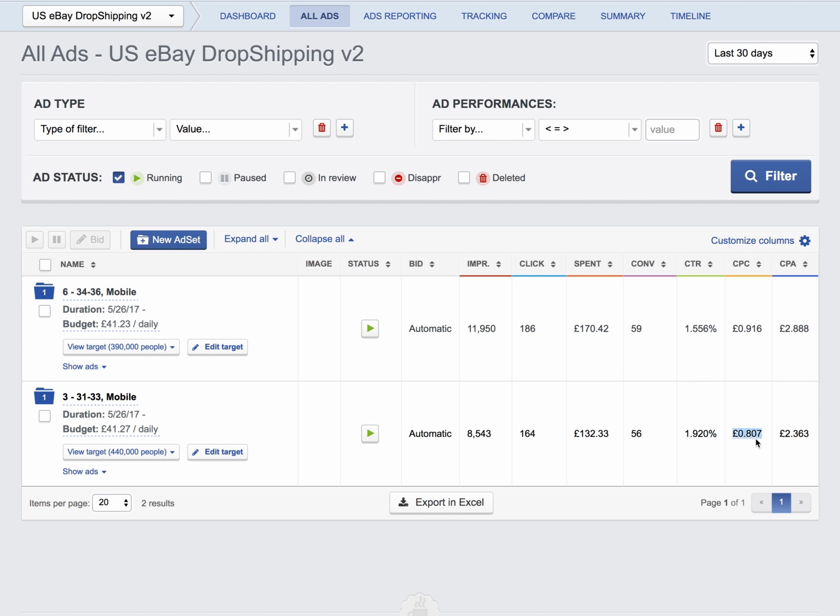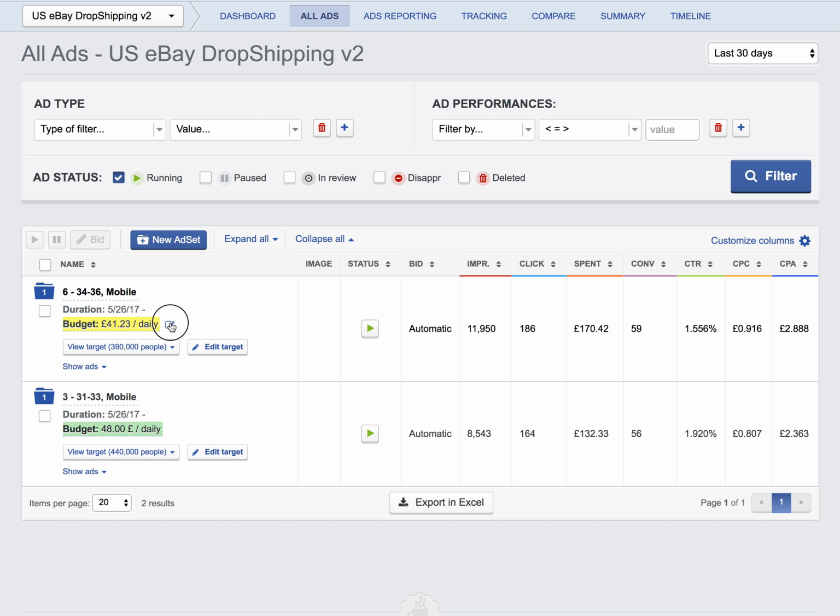This is at 0.807 British pounds, which gives a final CPA that's going to be less, at 2.36 British pounds versus 2.88. Here we're pretty much running, looks like we've got our budget split evenly amongst these. What I want to do here is increase this ad budget just a little bit more to run on this.